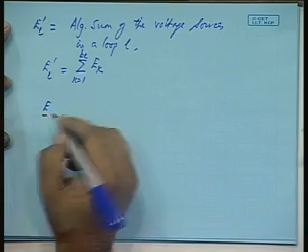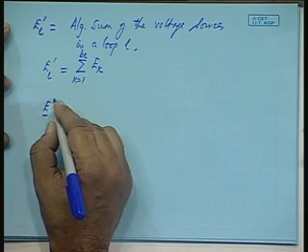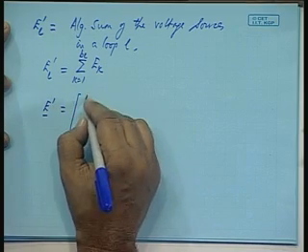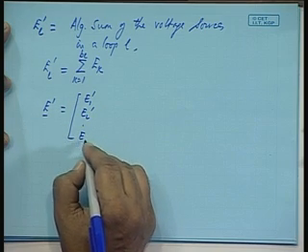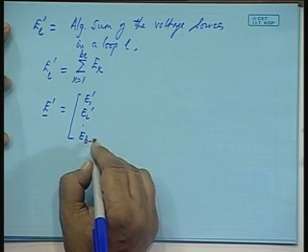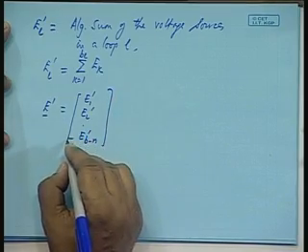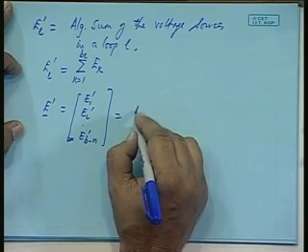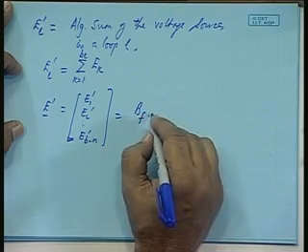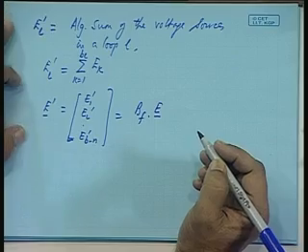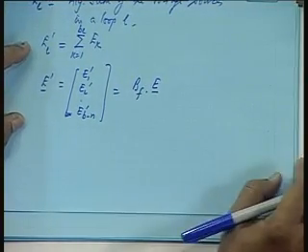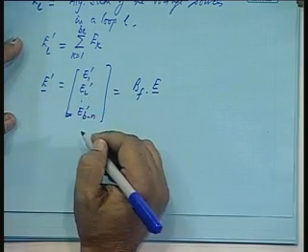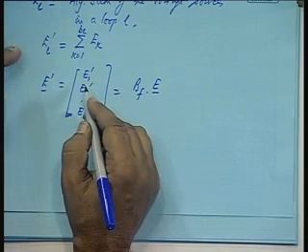So, I can write E dashed vector as E1 dashed, E2 dashed, and like that E_(B minus n) dashed. B minus n will be the number of independent loops, or the fundamental loops, and that is equal to Bf into E. All right, because E1 dashed, E2 dashed, etc., these are nothing but the total loop voltage.